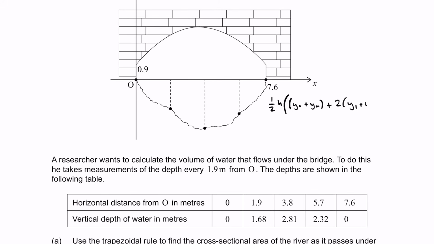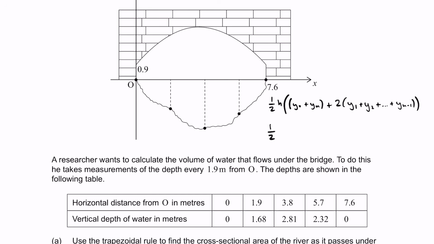That means y1, y2, plus all the way up to everything 1 less than whatever n is, so n minus 1, yn minus 1, right up to the one before the last.